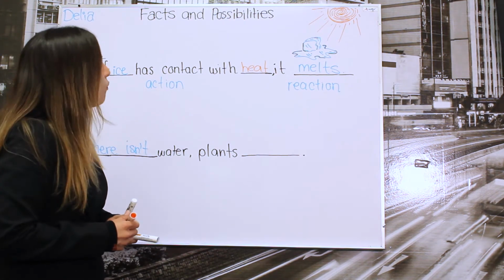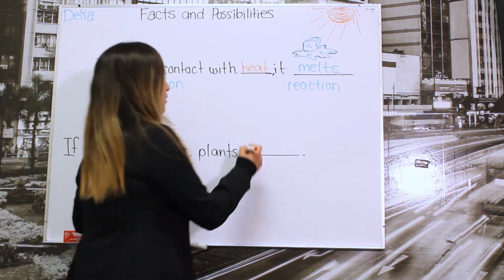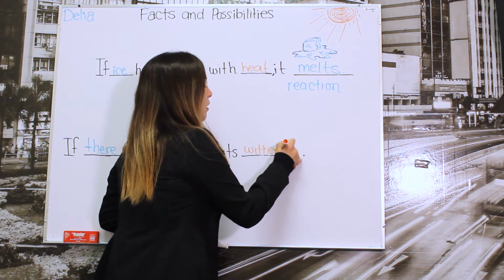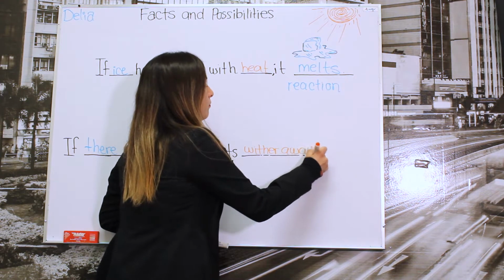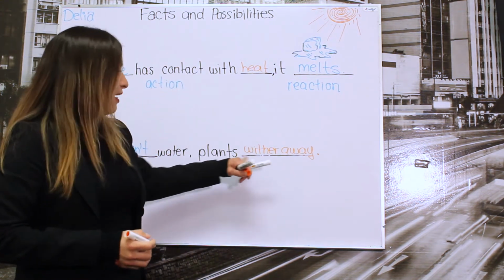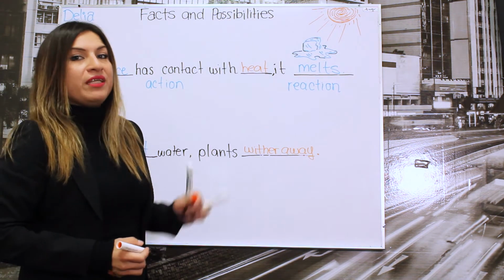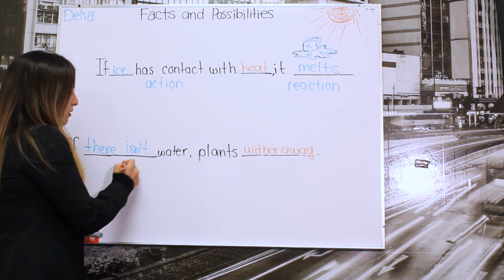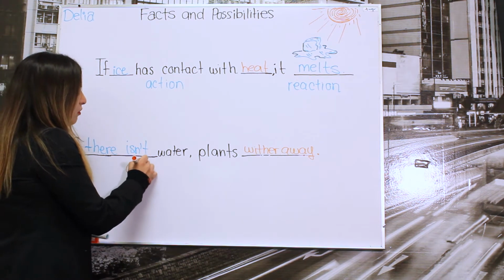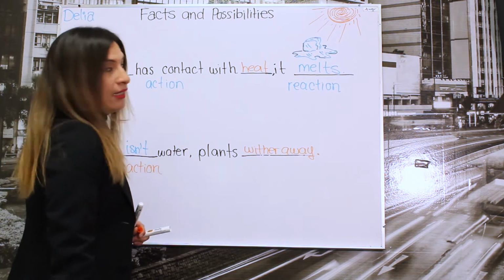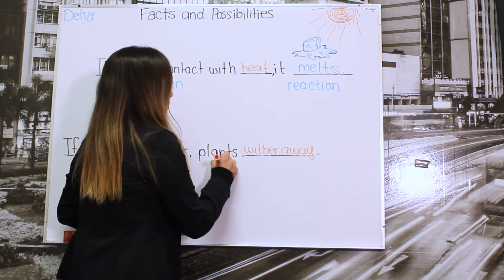So if there isn't water, plants wither away. Okay, so this is the consequence. If there isn't water is my action, that in this case is negative, and the second part is a reaction.